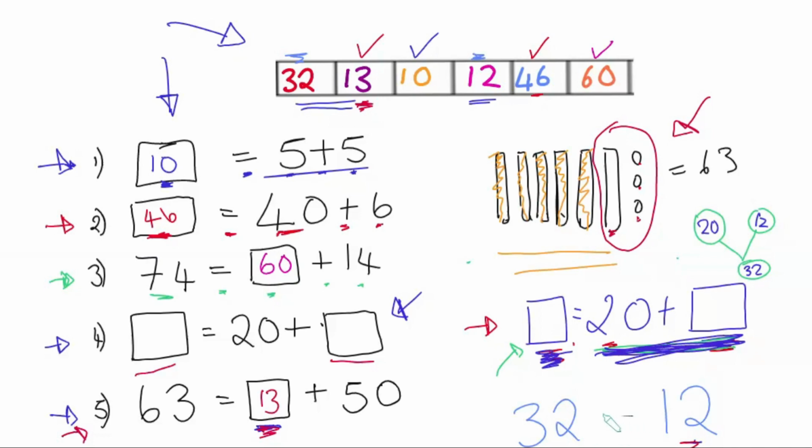You're correct. 32 is larger than 12, because 32 has 3 tens and 12 has 1 ten. Which number do you think belongs at the end of the number sentence? Yep, the only number that's left has to be 12.